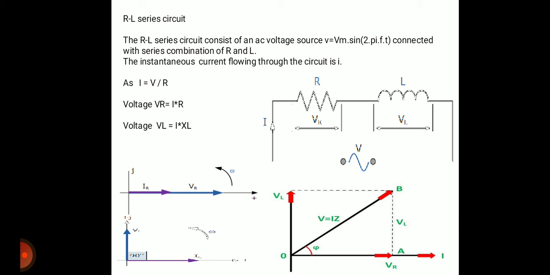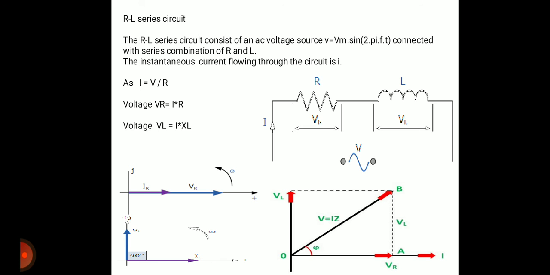That resultant phasor, the supply voltage V, leads current I by theta degrees. So that is the resultant phasor diagram for supply voltage V and supply current I. There is a theta phase difference between V and I, so current lags supply voltage V by theta degrees.